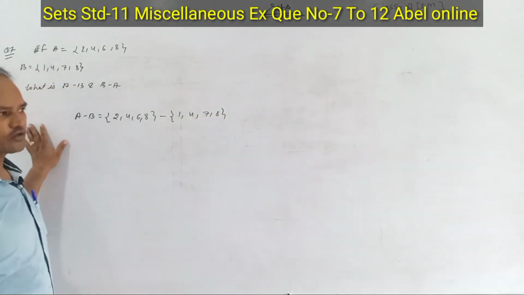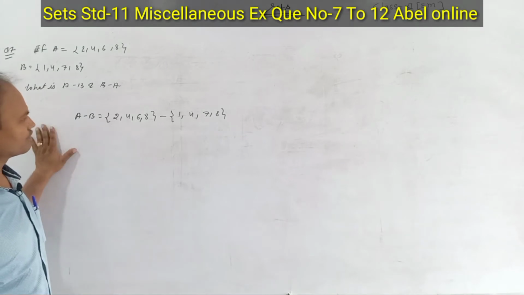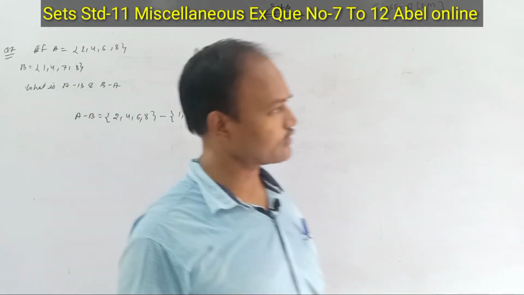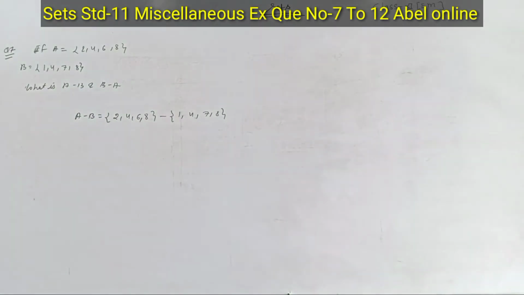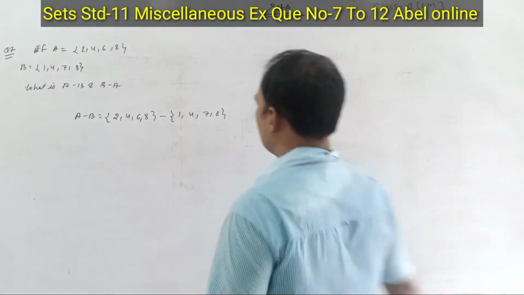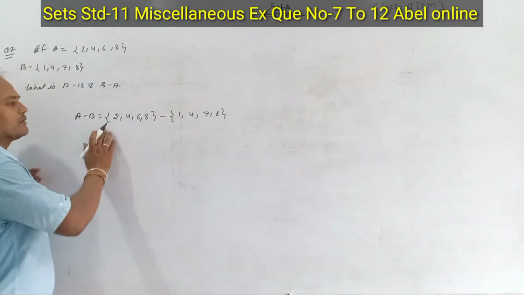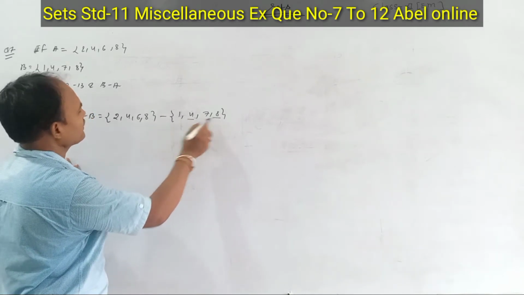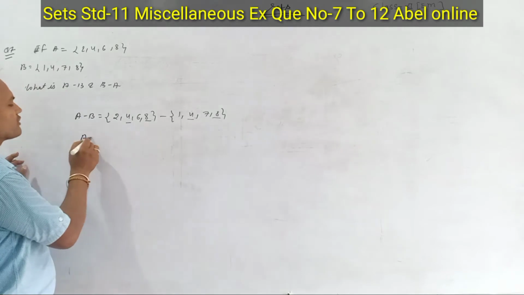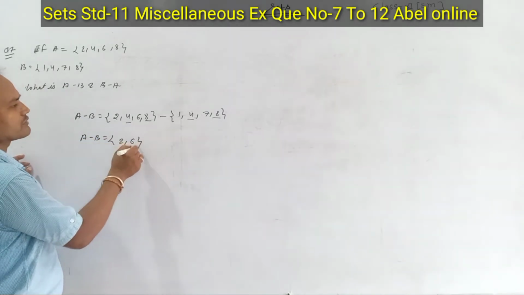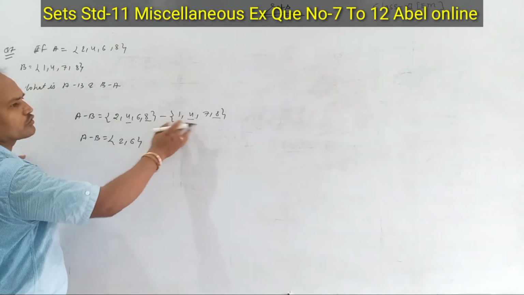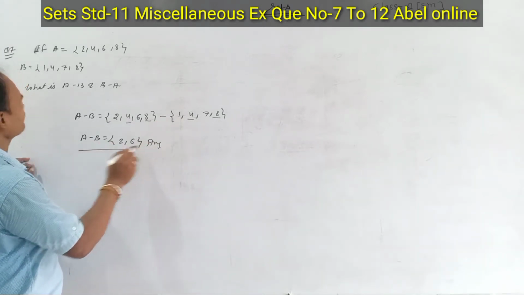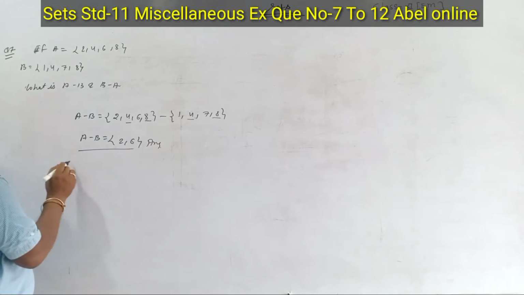When finding A minus B, we take the elements from A, and the remaining part is kept while the common elements are removed. 4 and 8 are here and 4 and 8 are here, so A minus B is {2, 6} because 4 and 8 are the common elements. So 4 and 8 are removed, and A minus B is {2, 6}. It is your answer.